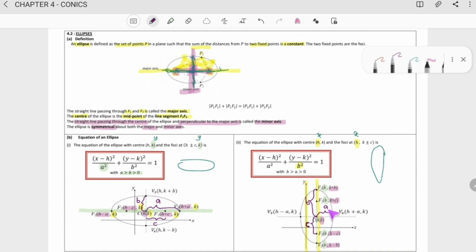So we remember that A represents the X movement, B represents the Y coordinate movement, and C is measured from the center to the foci. It doesn't matter whether it is in the Y coordinate or the X coordinate.